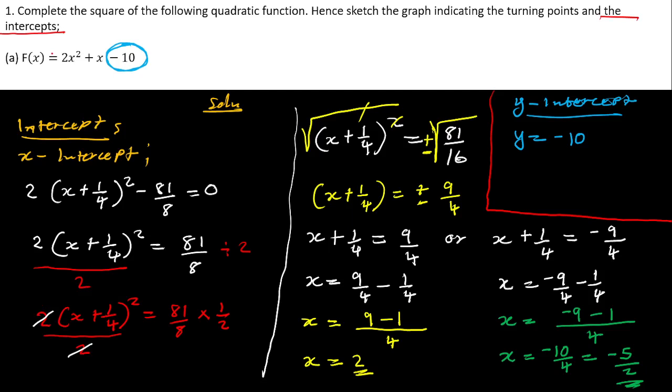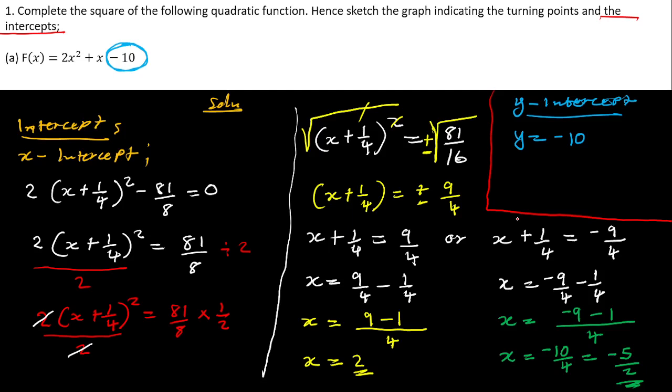So we now have everything. We have the x-intercept, and we also have the y-intercept, and we also have the turning point. So once you have everything at hand, your next step is to now sketch the graph. After you have everything, your next step is now to sketch the what?